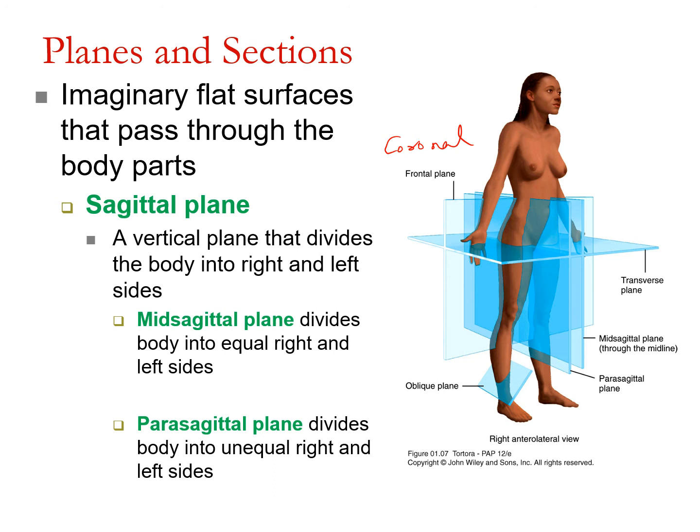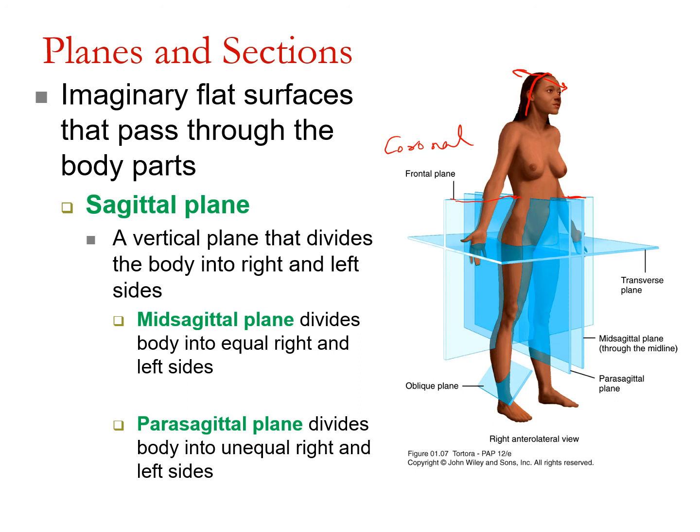Right over here, you see this is the frontal plane. So the frontal plane will divide the body into the front and back. So let's just say this is the side of the head. If we make a section like this and you get the front of the head and the back of the head, that will be called a coronal section.